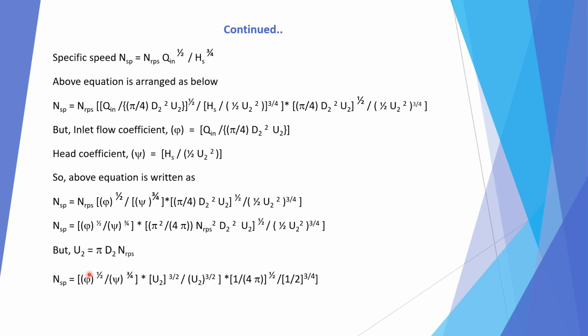But U2 is equal to pi D2 N RPS, so we can write NSP is equal to phi to the power half upon psi to the power 3 by 4 into U2 to the power 3 by 4 upon U2 to the power 3 by 4 into (1 upon 4 pi) to the power half divided by half to the power 3 by 4.